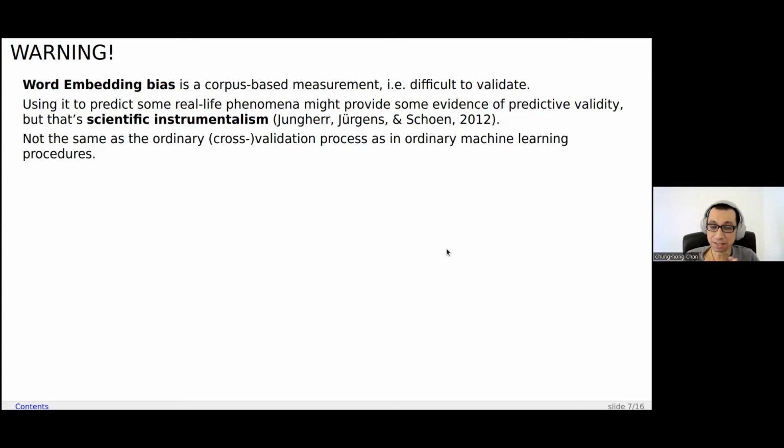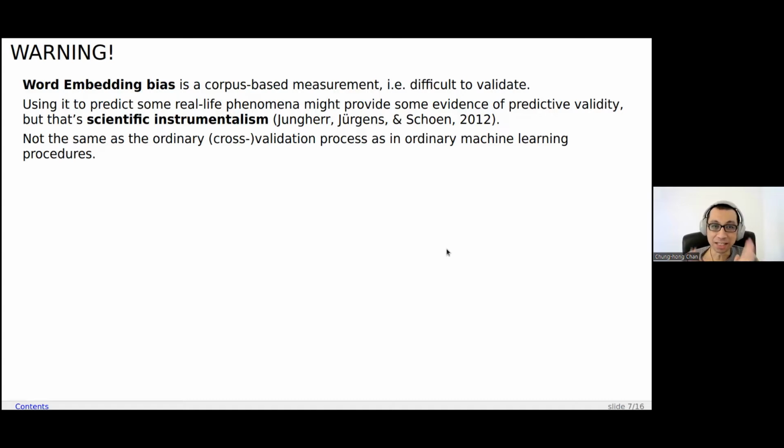It is easier because the unit of analysis for the ordinary machine learning procedure is usually the document, but here it is a corpus-based measurement, and it makes it very difficult to validate. And to be honest, I'm still struggling with how to validate this kind of association.